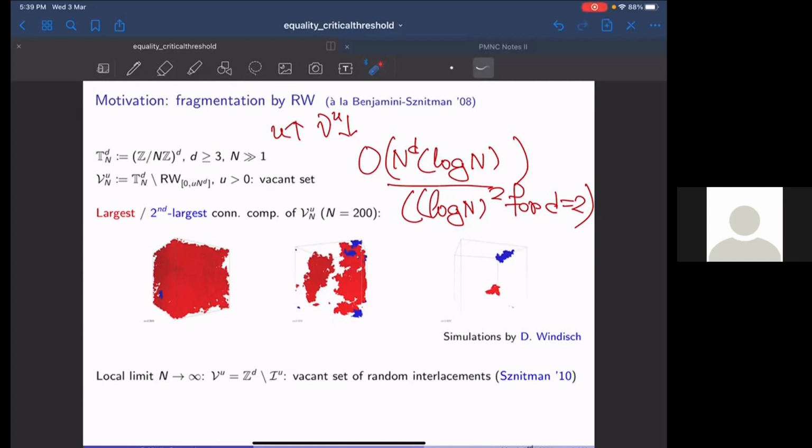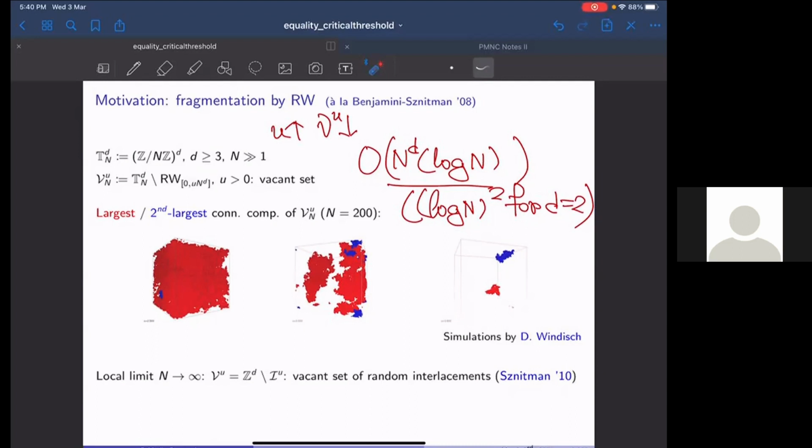Those of you who are wondering how come there are only 2, just remind yourself that we are looking at a torus. These 2 faces are glued together, so are these 2 and these 2. So this blue cluster is indeed connected, not in the lattice but in the torus.